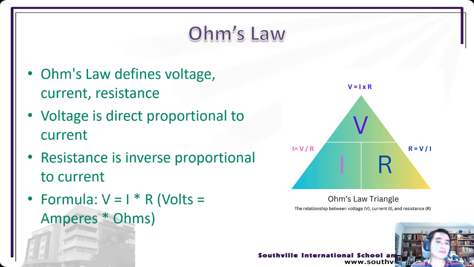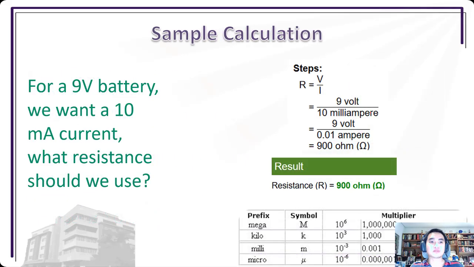So this is the basic formula: volts equals current times resistance. But with basic math, we could look at it different ways, and we want this one: resistance equals volts divided by current. Okay? So now we're going to do a sample calculation for the battery.